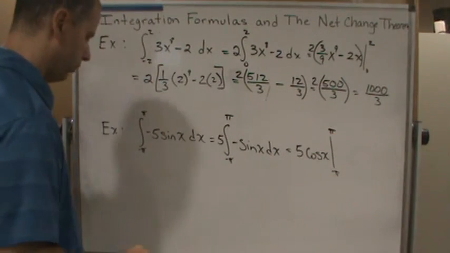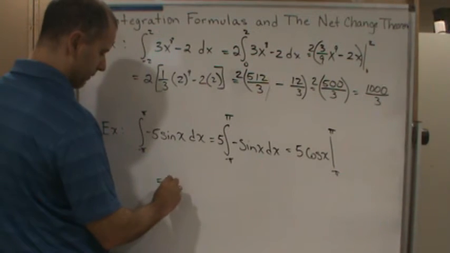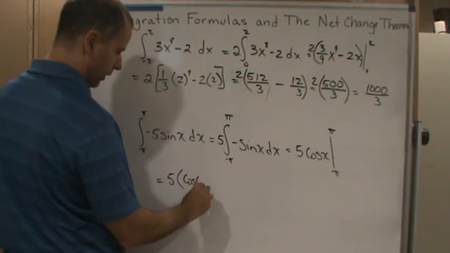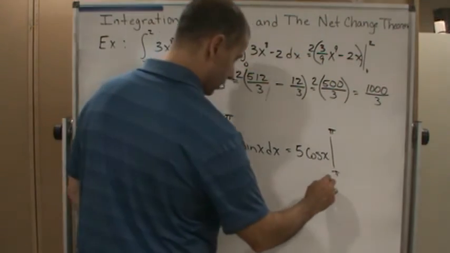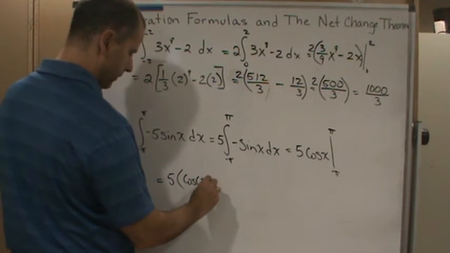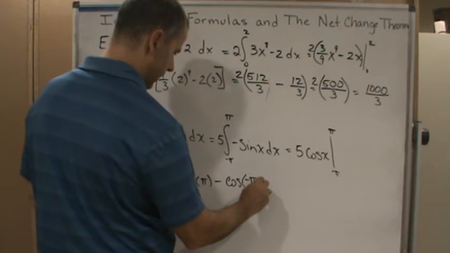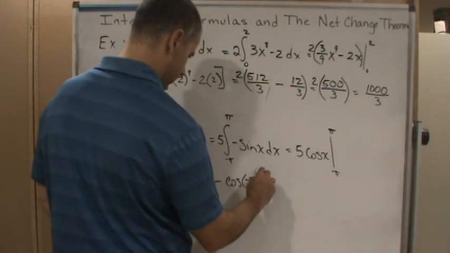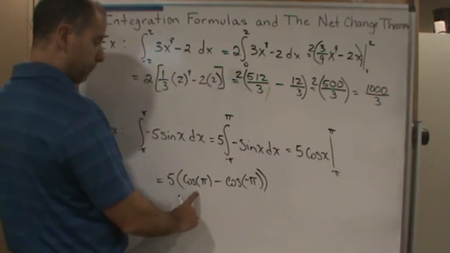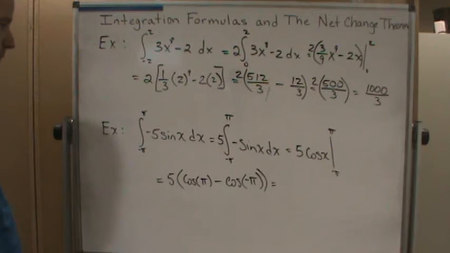And now, let's evaluate. So this is going to be 5 times the cosine of pi minus the cosine of -pi. Okay. Now the cosine of pi, what's the cosine of pi?